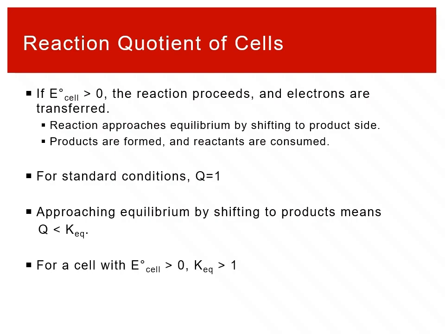So in standard conditions, your Q is equal to 1, which means you're not at equilibrium, and that your equilibrium constant is going to be higher. You're going to be approaching equilibrium by going to products. So one of the things we can take from this conceptualization of the Nernst equation view of cells is that when the standard cell potential is positive, that means your equilibrium constant is greater than 1.